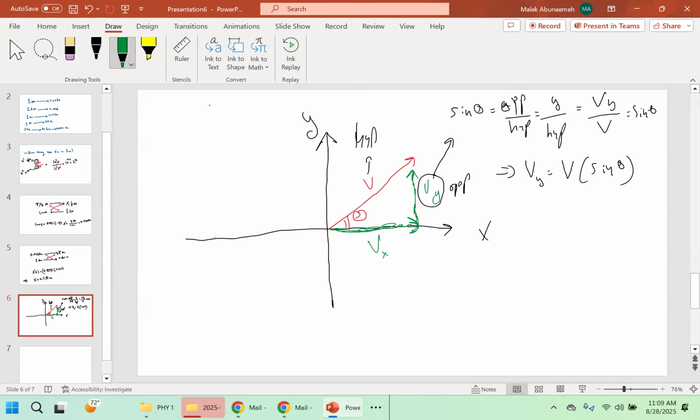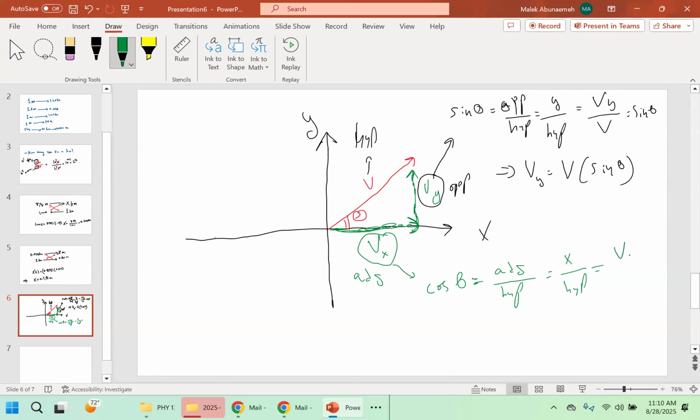Now let's do the one on the bottom. Let's do this little fella. Now this is called the adjacent, and I'm going to say ADJ for it. Your cosine theta, in this case, is going to equal the adjacent over hypotenuse, which is whatever is on your x-axis divided by your hypotenuse.